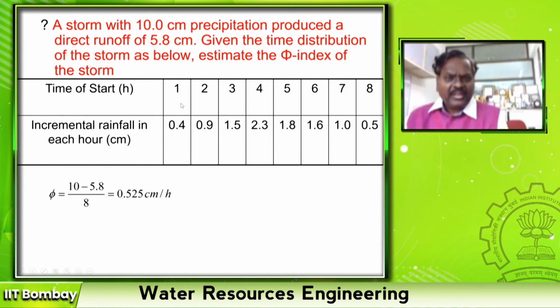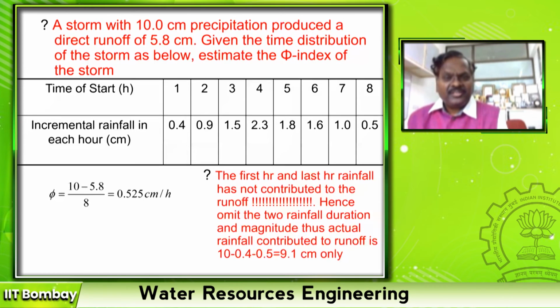But you see here the first hour rainfall and last hour rainfall. The rainfall itself is less than my loss or infiltration rate. That means runoff has not happened during the first hour and last hour. Then I have to remove those 2 hours and re-estimate. If I remove these 2 hours, what is the rainfall contributing to runoff?